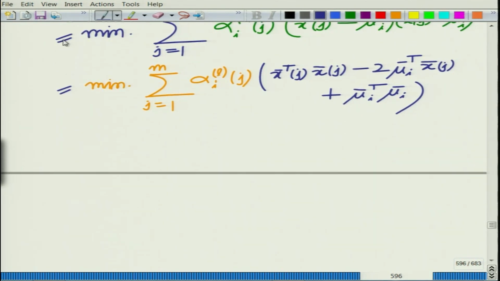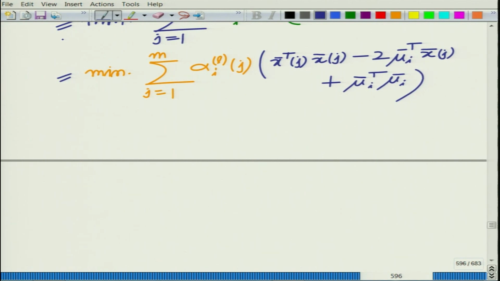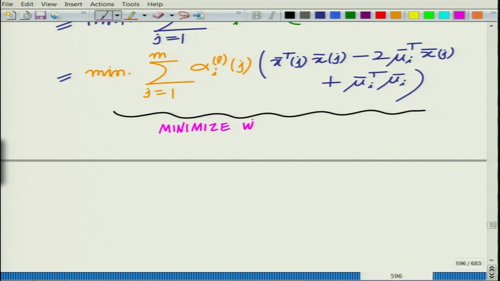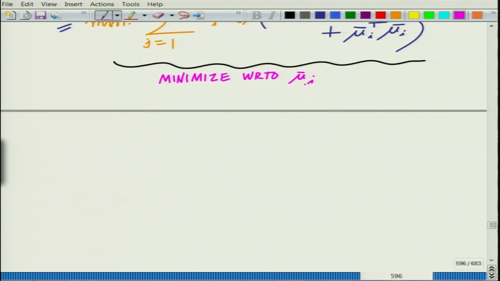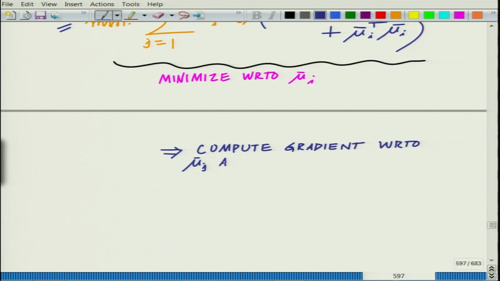Now, once again we have to minimize this whole thing with respect to mu bar i, and the way to do it is to compute the gradient with respect to mu bar i.